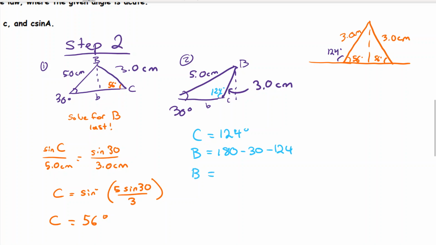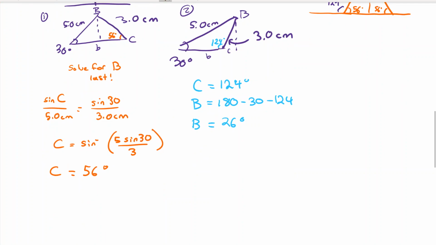So B here is going to be 26 degrees. And over here, B is going to be 180 minus 30 minus 56. So B here is going to be 94 degrees.